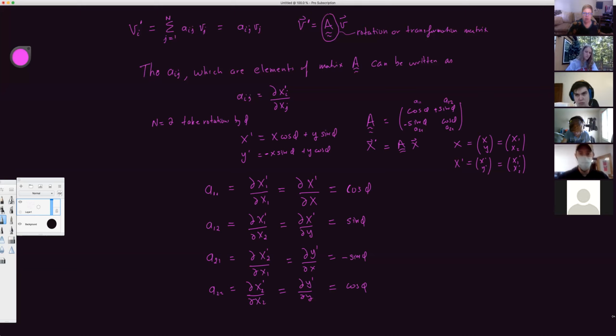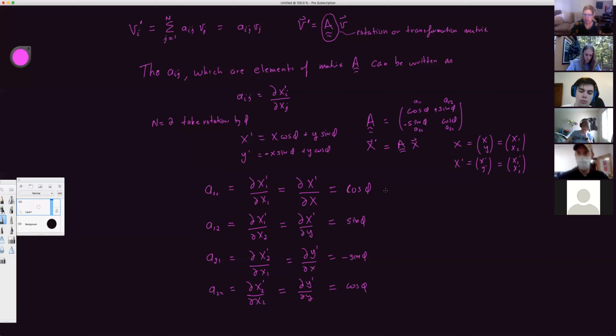Okay. So we're going to come back to this definition as we move through all of this, just to keep it in mind, and remember that also, right? These are also the direction cosines we talked about, right?